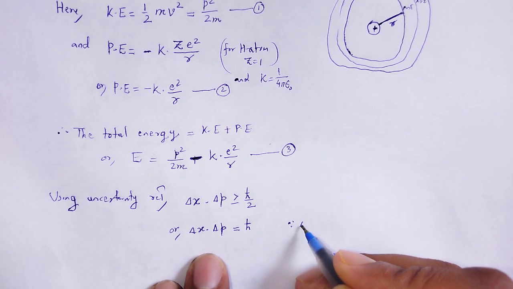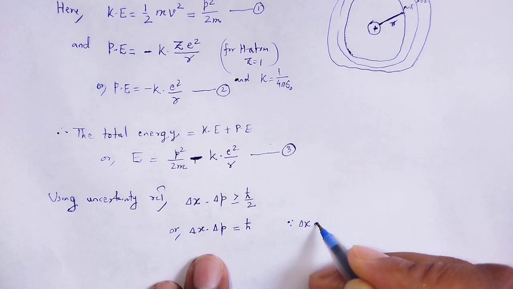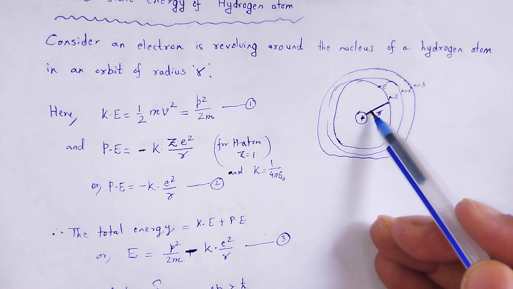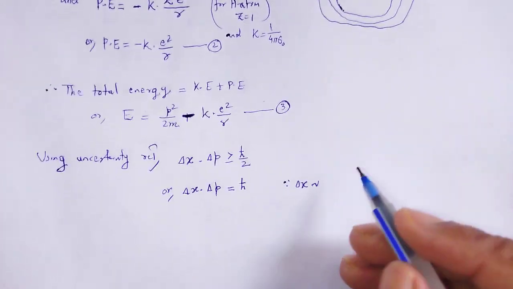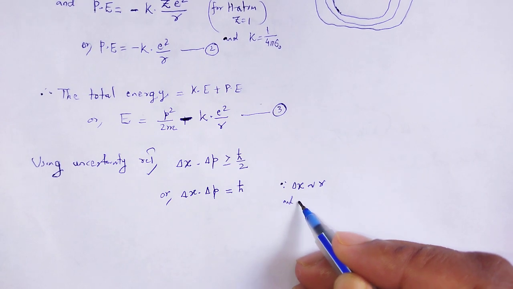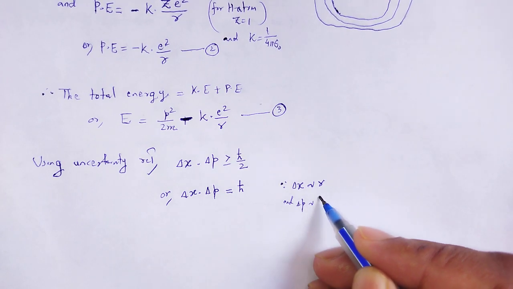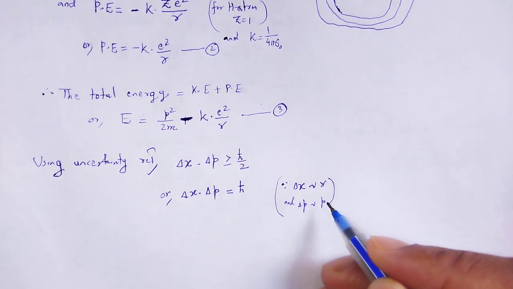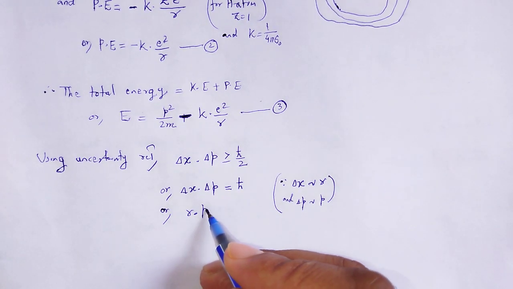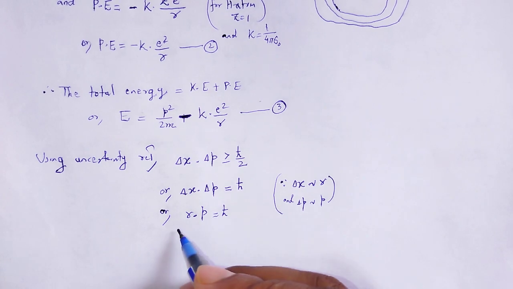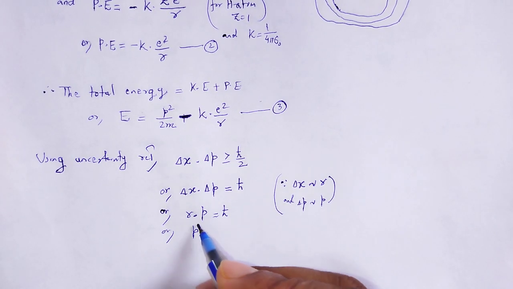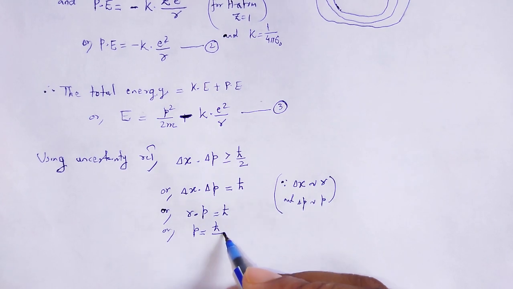In that situation, uncertainty in position is equal to the radius r, and uncertainty in momentum is equal to p. Therefore, r times p is equal to h cut. So, p in terms of r is h cut divided by r.